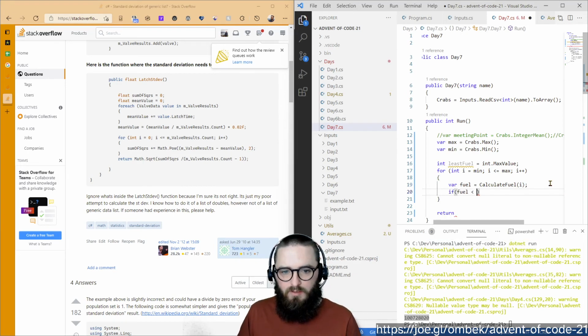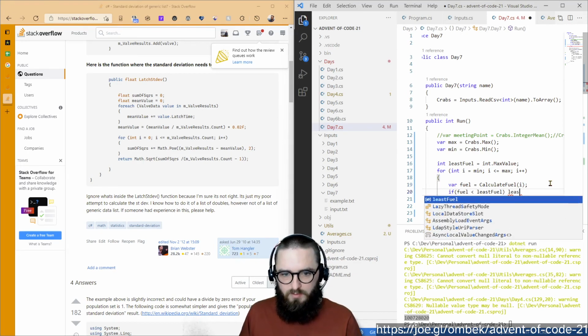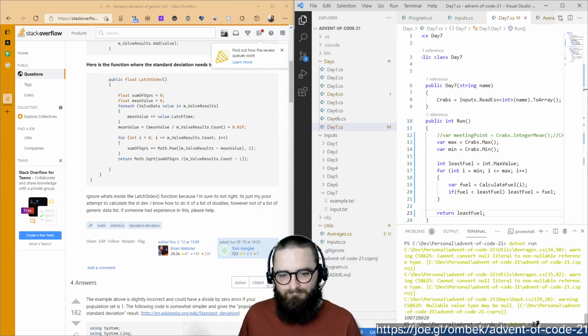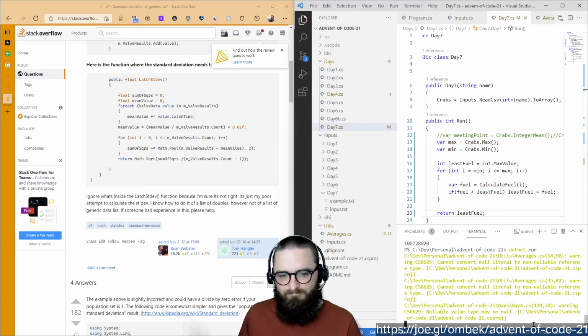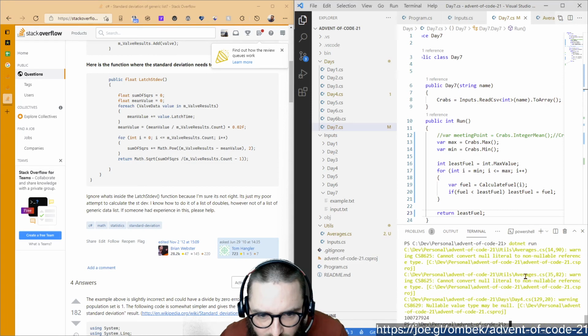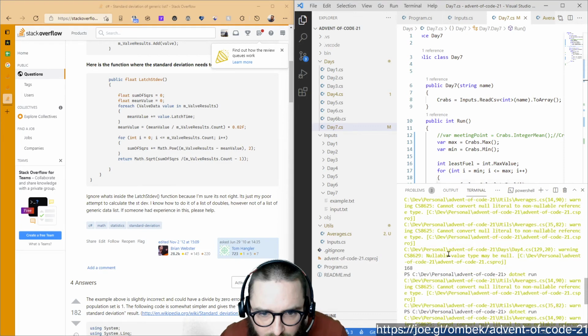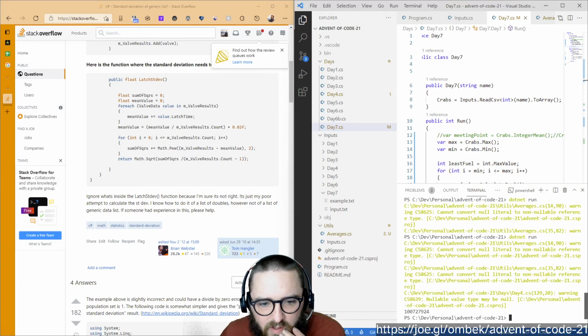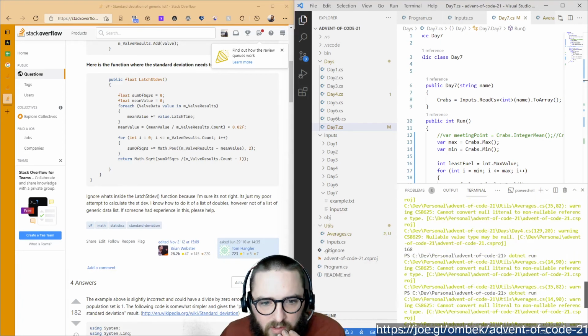If fuel is less than least fuel, least fuel equals fuel, return least fuel. Did I get the same answer? Of course, it's going to be roughly in the same ballpark, isn't it? That's my previous answer.